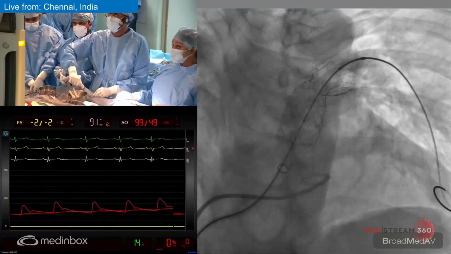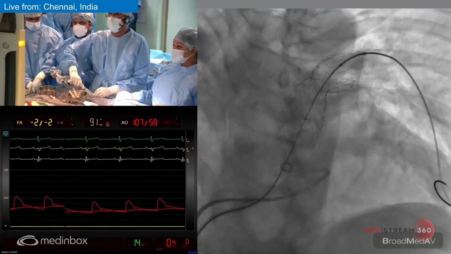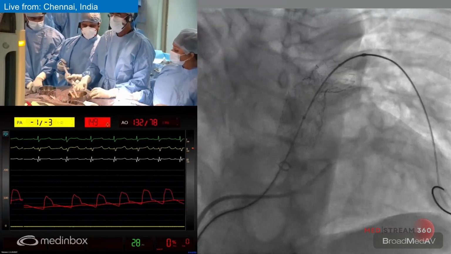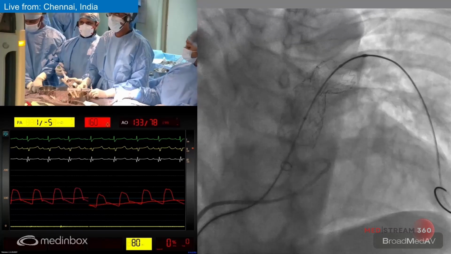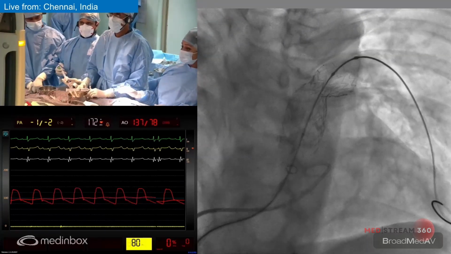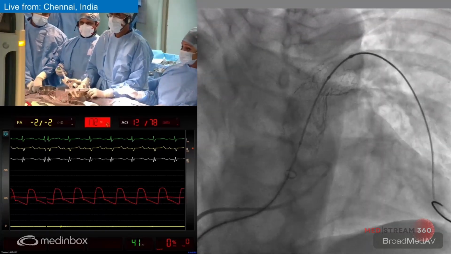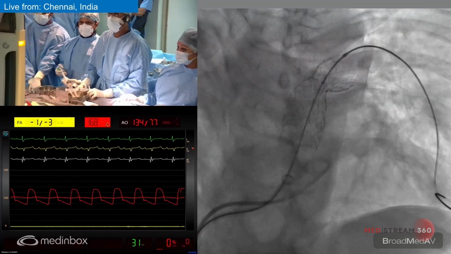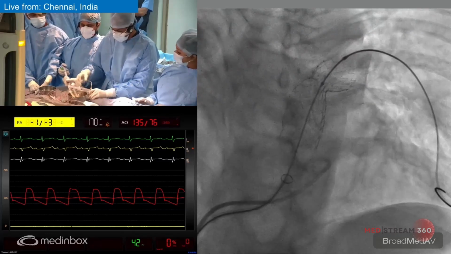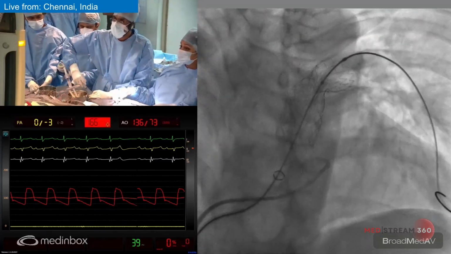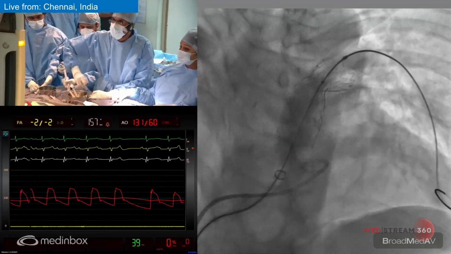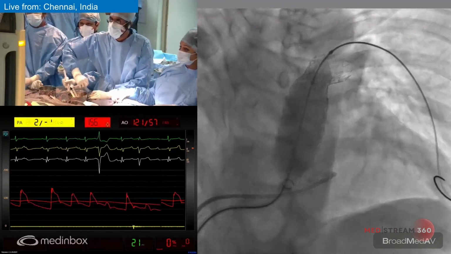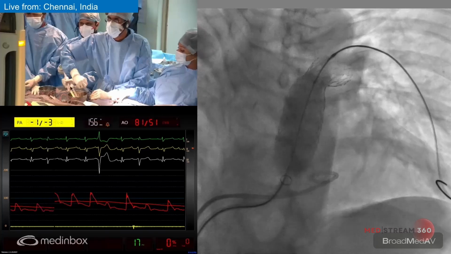Actually, we are occluding the entire right ventricular outflow tract during each of our inflation, so the blood pressure drops down significantly. Now I'm going to slightly pull back the balloon so that we make a proximal dilatation as well. So at this place, can you go up?